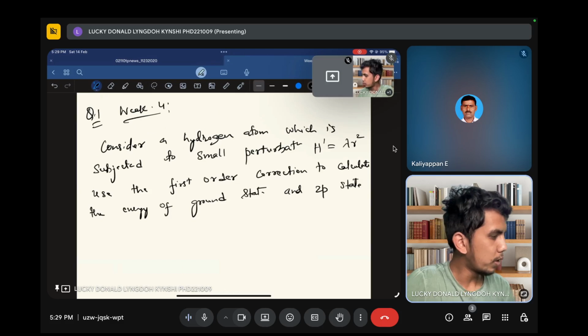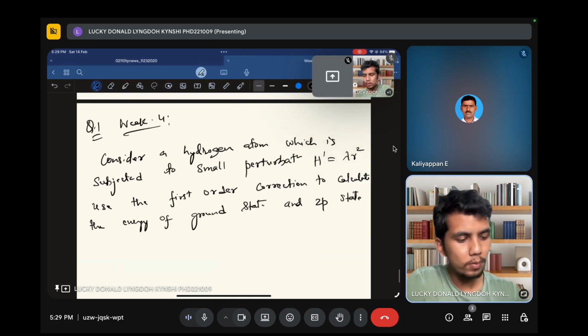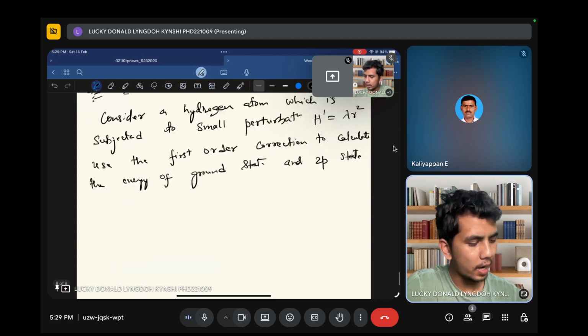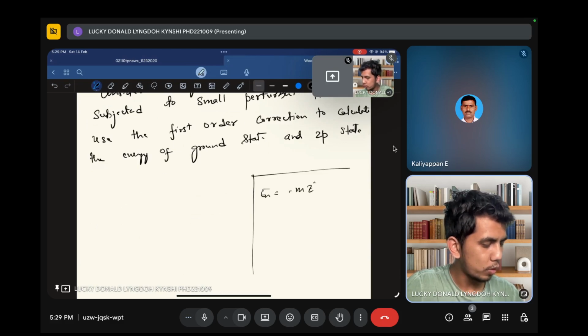Okay, so before I do that, this is a hydrogen atom problem. That means ideally you will have the energy of a hydrogen atom. If you remember in the hydrogen spectrum, maybe I can write it on the side, something like En is equal to minus m Z square e to the power 4 divided by 8 epsilon square h square n square, right?